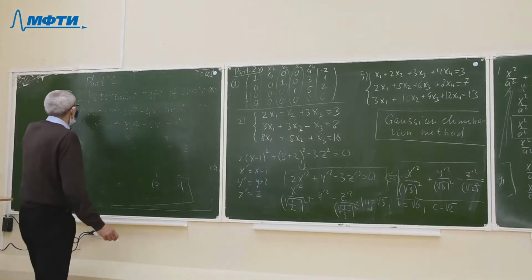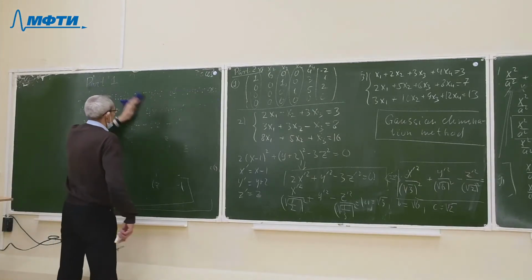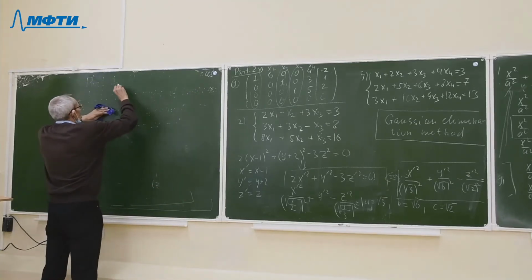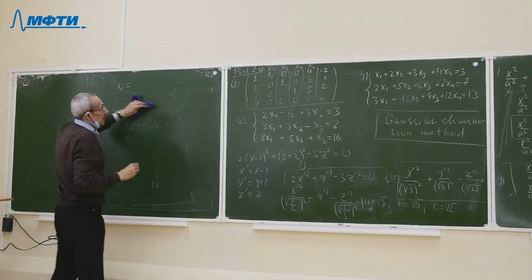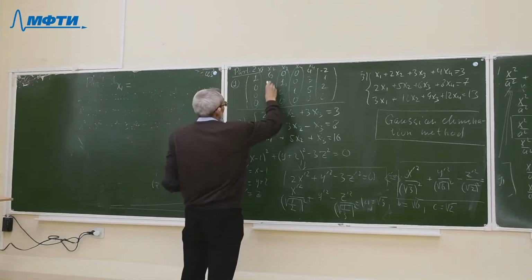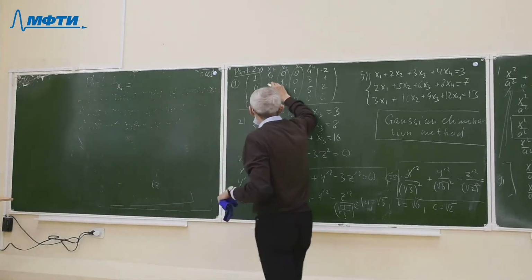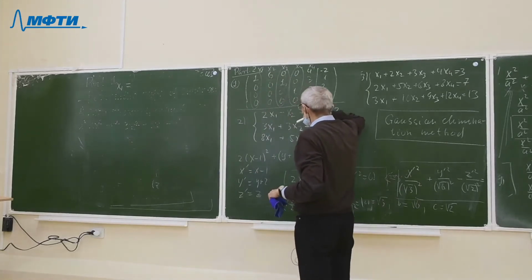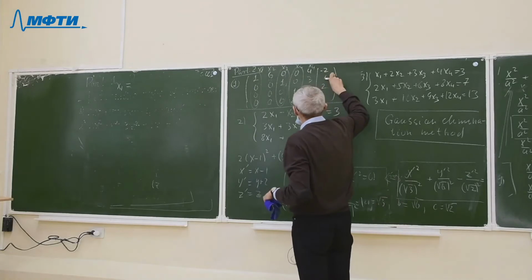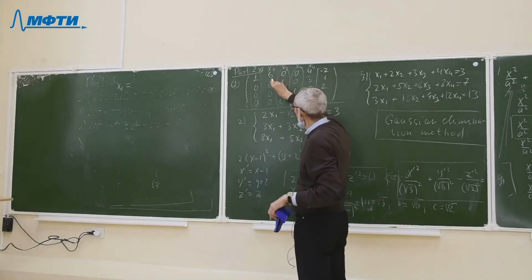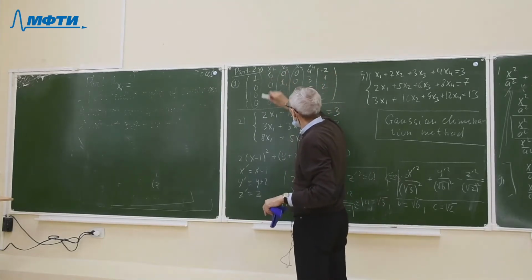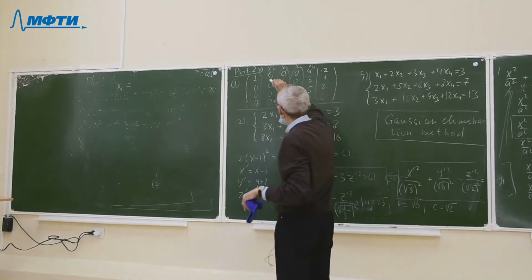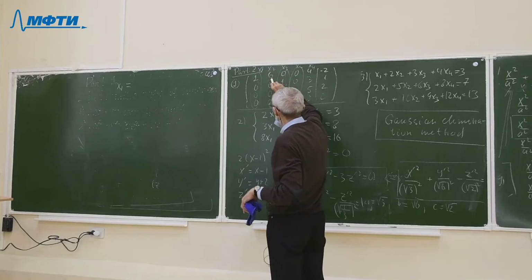We can just write the solution of the system in the following form. x1 is equal to: we shift the other terms to the right side and change the sign. In the first row, in the second place, lies coefficient 6.